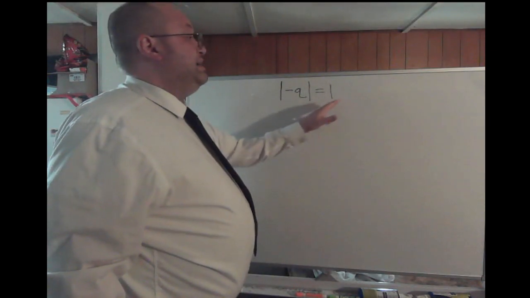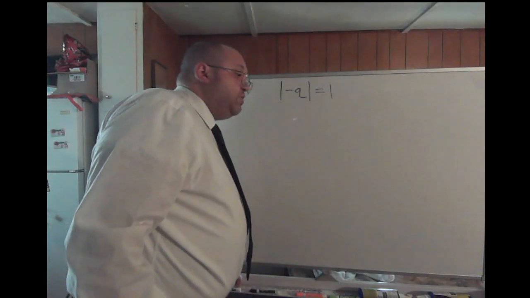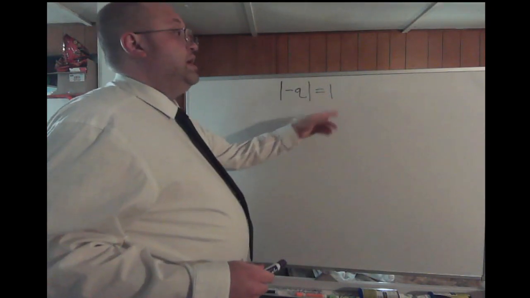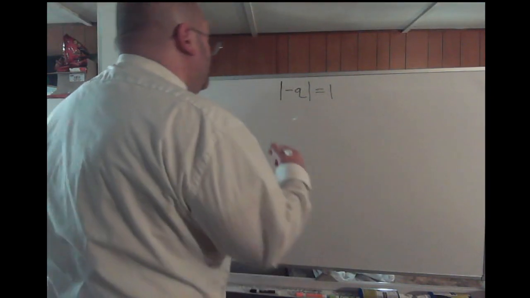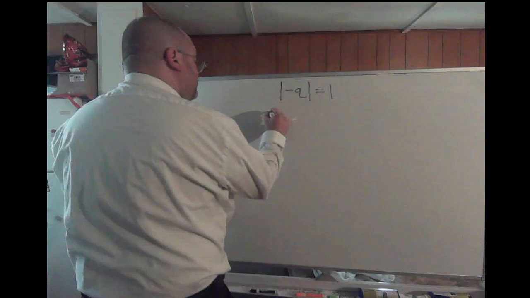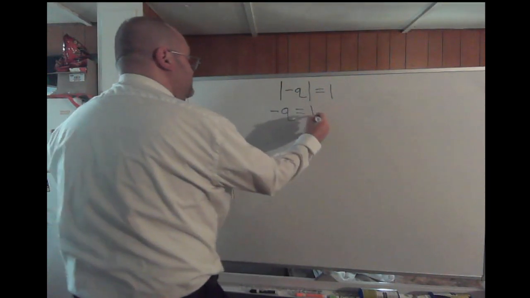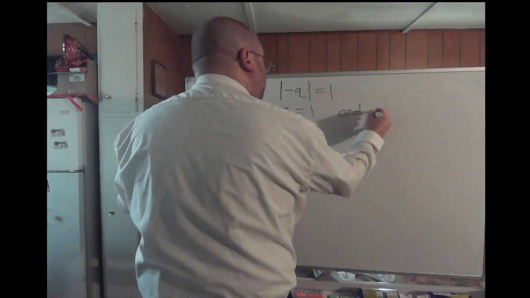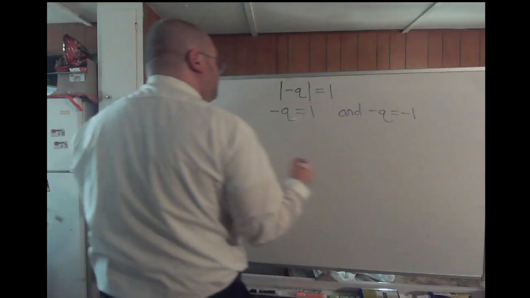It just can't be a negative on the right side of the equation, because whenever you take the absolute value, you're always going to get a positive number. However, you can have a negative sign inside the absolute value. What you're going to do is take this negative q that's inside the absolute value, set it equal to that positive 1, and then set the negative q equal to negative 1.